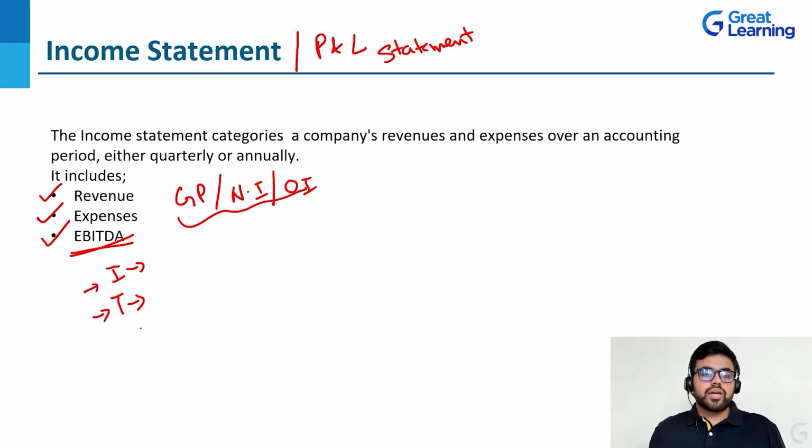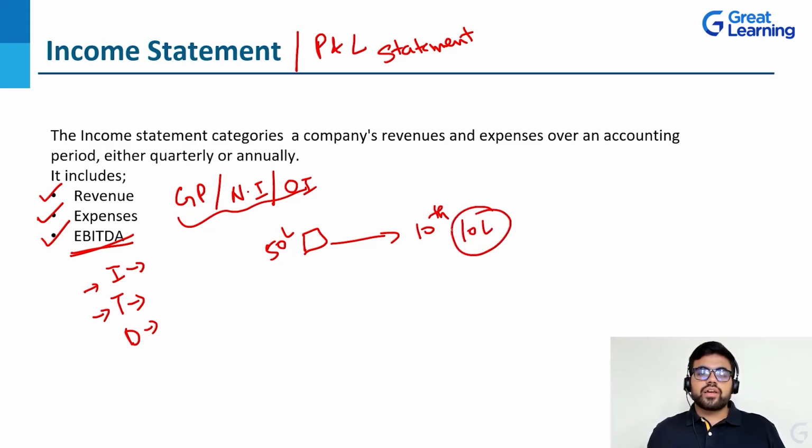Then comes depreciation. For example, if a company buys a truck for, let's say, 50 lakhs, and it is going to use it for the next 10 years. After that, on the 10th year, let's say its value is only 10 lakhs. So in those 10 years, it has lost 40 lakhs of value, which is called depreciation.